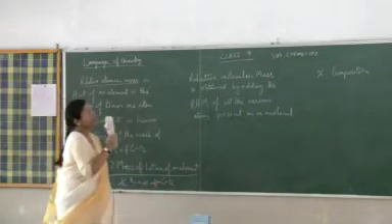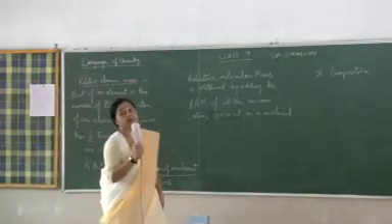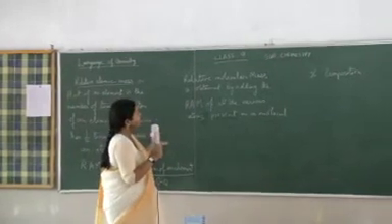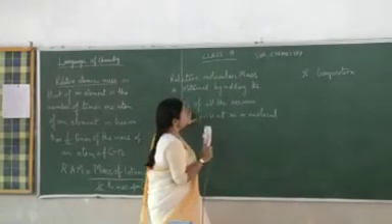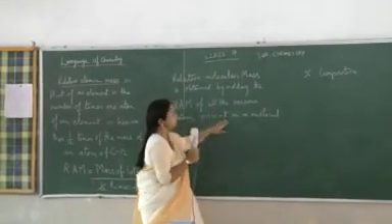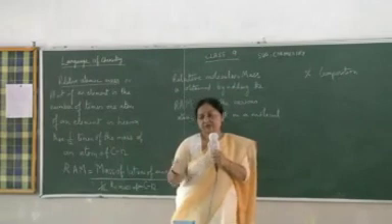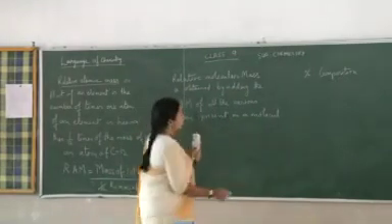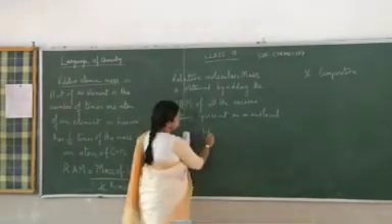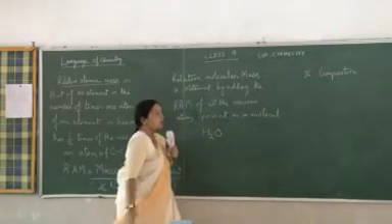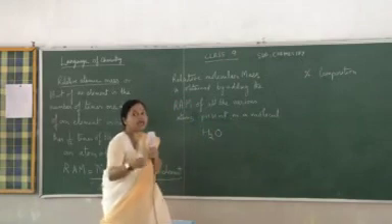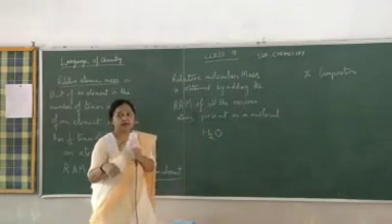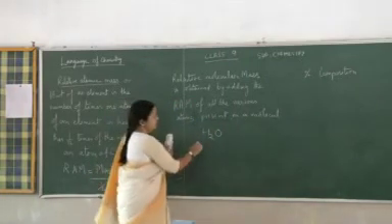Now, how do we calculate the relative molecular mass? What is relative molecular mass? It is obtained by adding the relative atomic masses of the various atoms present in a molecule. Suppose the molecule of a compound water, H2O. So, relative atomic masses of hydrogen and oxygen are to be added in order to find the relative molecular mass of water.